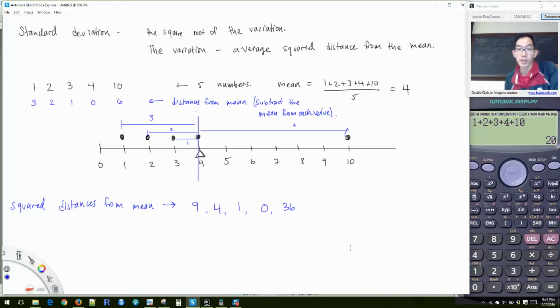And we would, quote, take the average, but it's a little bit different. We add these up, and rather than dividing by 5, we divide by n minus 1.